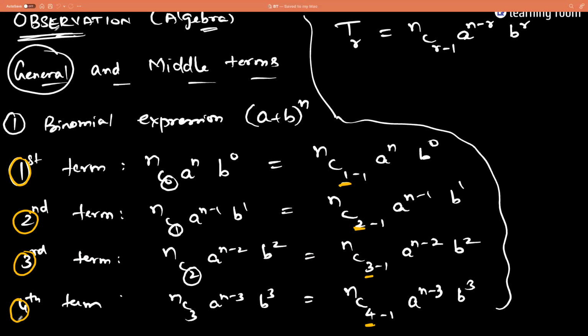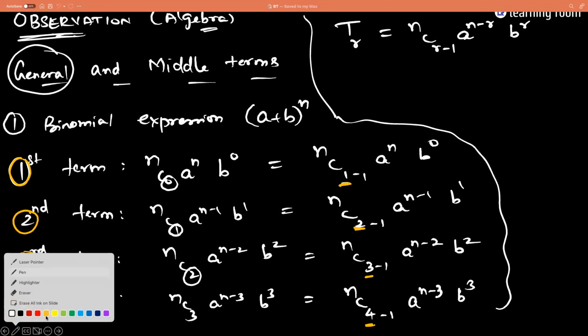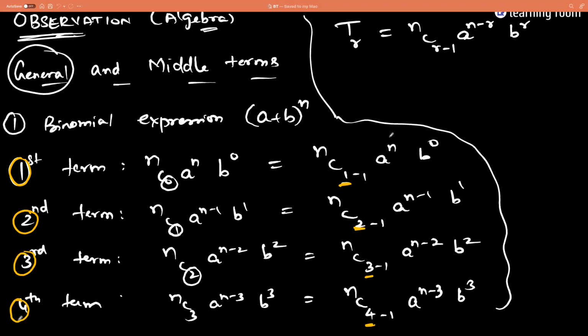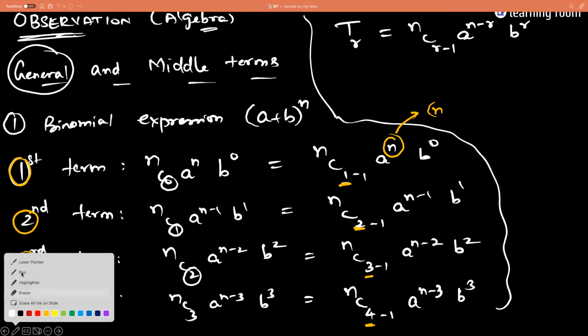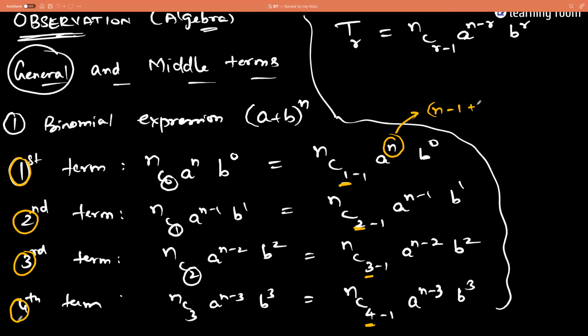Is that the only thing? See, I showed you only one thing. You accepted it. Look again, I didn't tell you about this part. So, can I say this n came as n minus 1? Can I say this is actually n minus 1 plus 1?